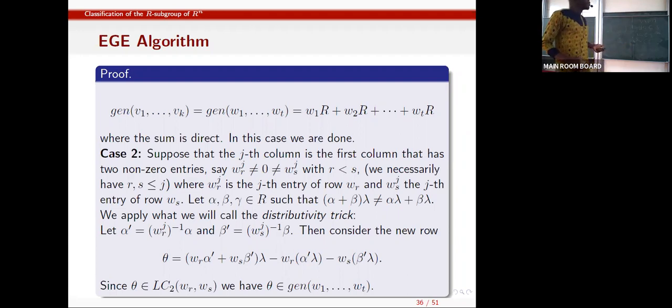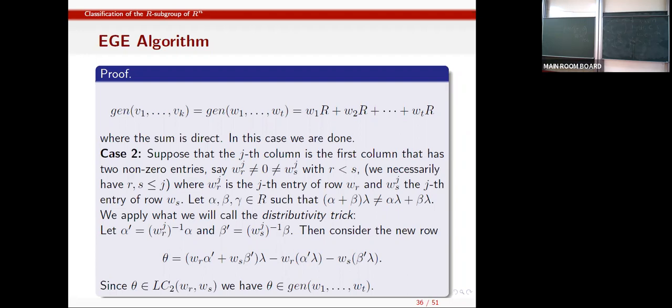And as initially, we showed that the gen of V1 up to Vk is also equal to the gen of W1 up to WT, because of the first lemma that I showed. If we swap, if we add a new row, if we multiply by a scalar, the gen remains unchanged. As we are doing the reduced row echelon form, those are the operations that we did, so the gen will remain unchanged.